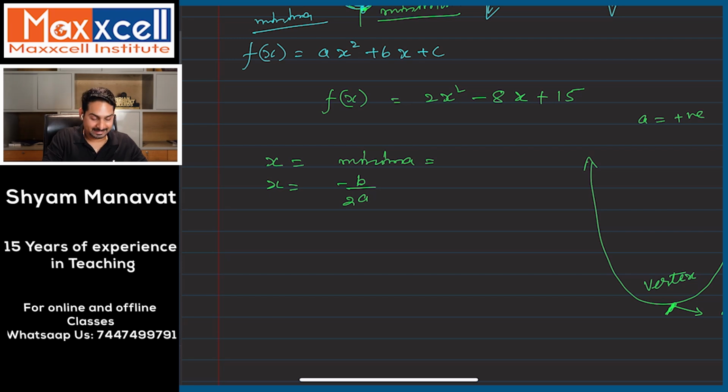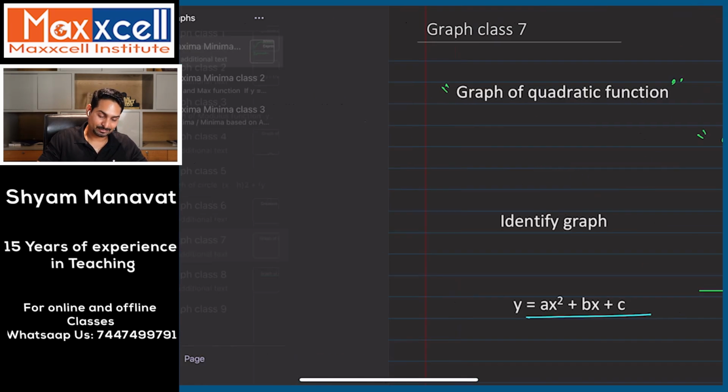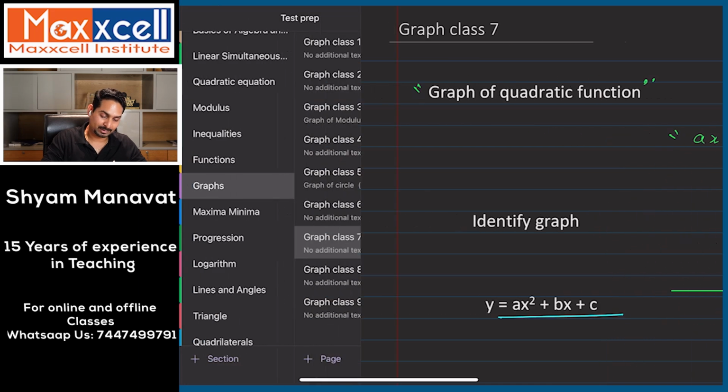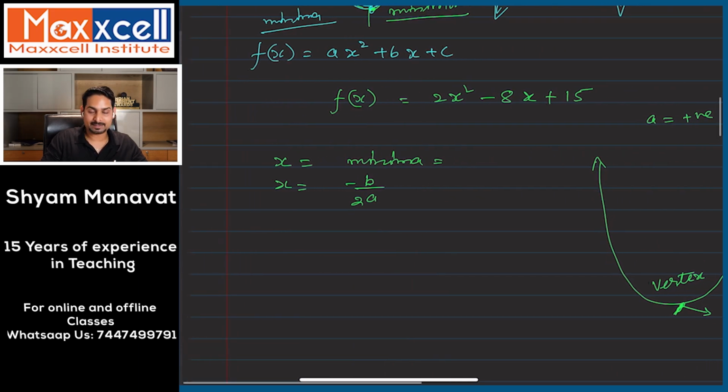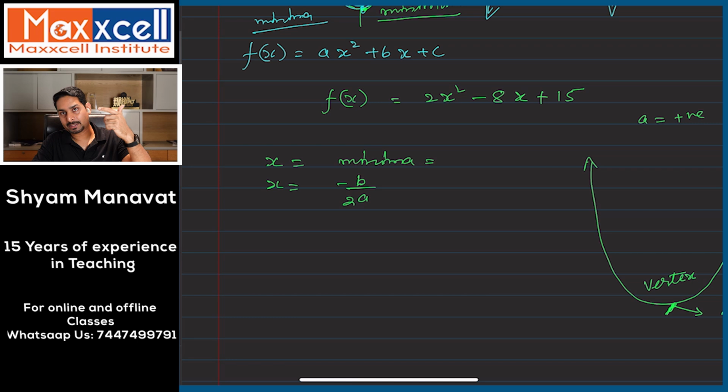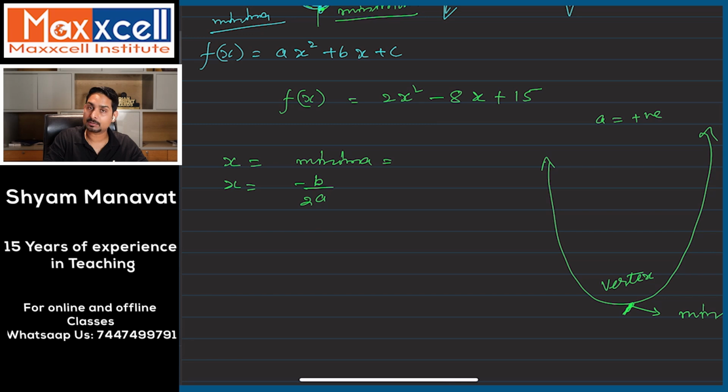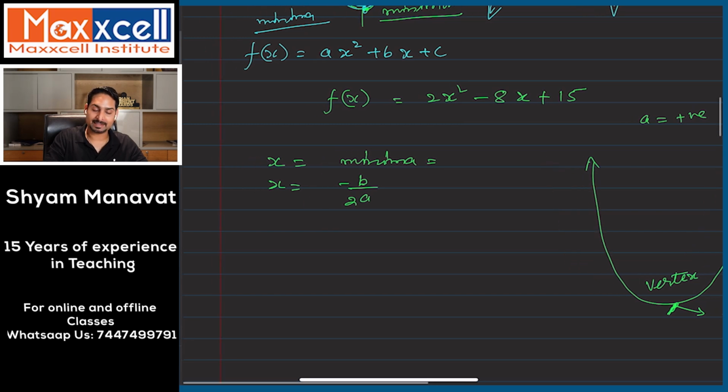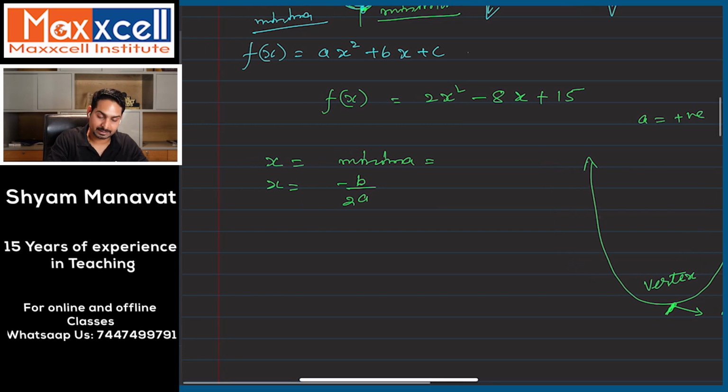Please don't be surprised, guys, we have discussed this. If I go to discuss it again, this lecture will become very long. Okay, so make sure that you go through the graph and then quadratic equation lectures, and you come from those learnings and then reach here. So whether it is minima or maxima, the vertex value is minus b upon 2a. Okay, in case of a quadratic function, remember, write this down, quadratic function f of x is equal to ax square plus bx plus c.